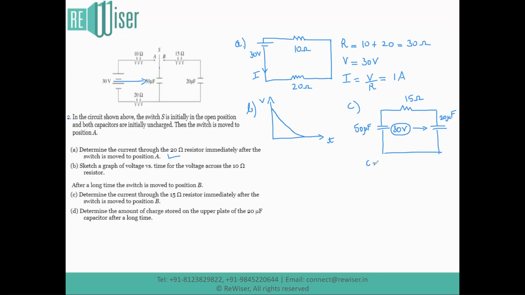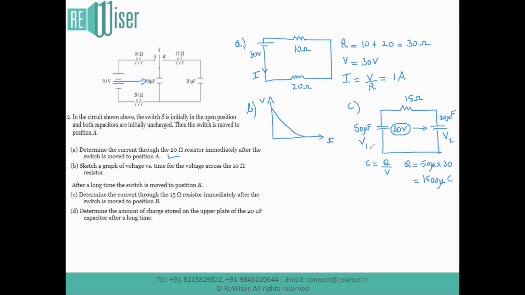We know that capacitance C is defined as a ratio of charge to voltage, which means charge Q is capacitance times the voltage, which is 50 microfarad into 30 volt, giving me the combined total charge for just the 50 microfarad capacitor as 1500 microcoulomb. Now, as explained before, the voltage across this V1 should be equal to voltage across this V2, and the two capacitors will charge and discharge, or current will be allowed to flow in the circuit up until that particular point.